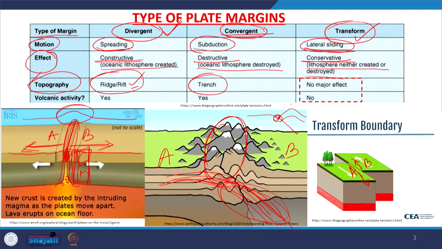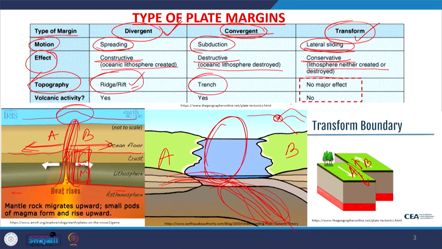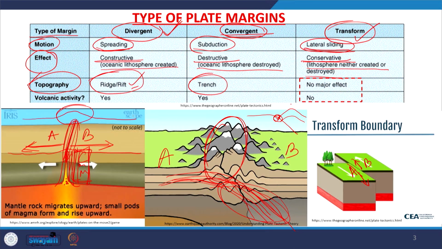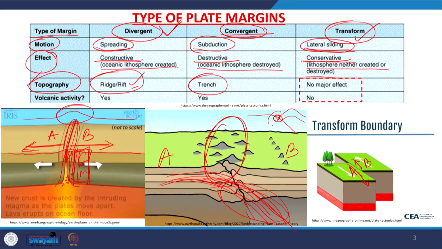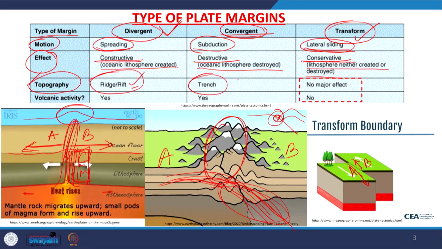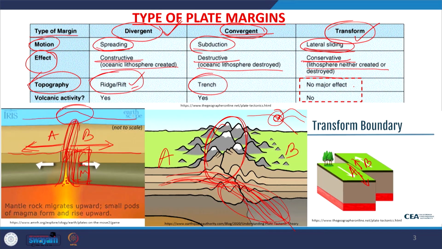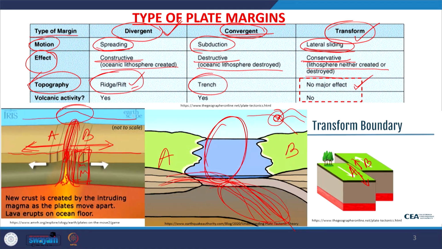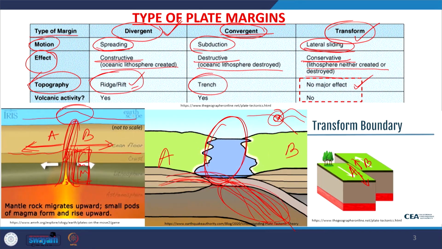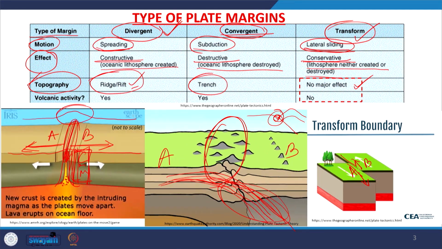You can remember the Mariana Trench, which is the deepest among these trenches. So, this is the trench generated at the convergent margin. However, at the transform motion, no major topographic change takes place, provided that this boundary between plate A and B is straight.